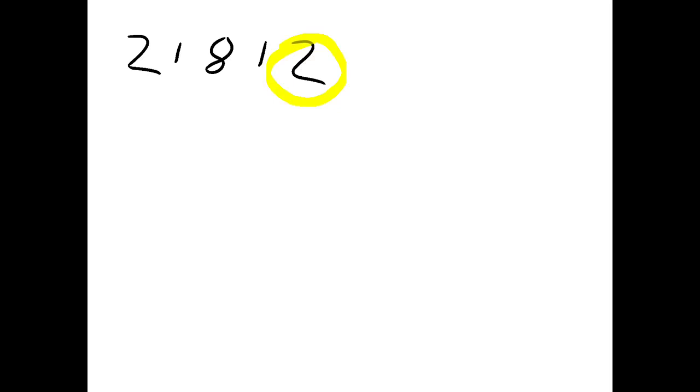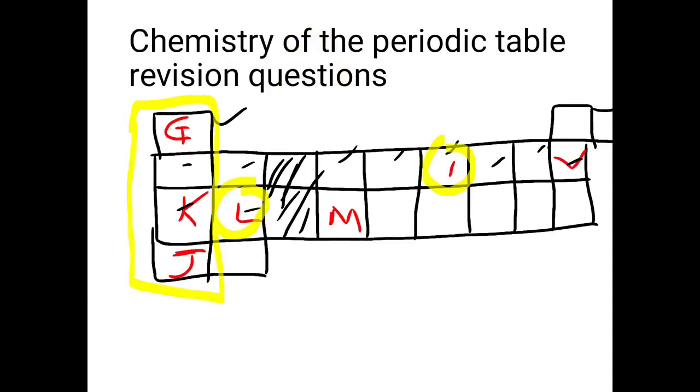Let's look at I. The next element that L is reacting with is I, and the atomic number of I is what? We have 1, 2, 3, 4, 5, 6, 7. Its atomic number is 7.